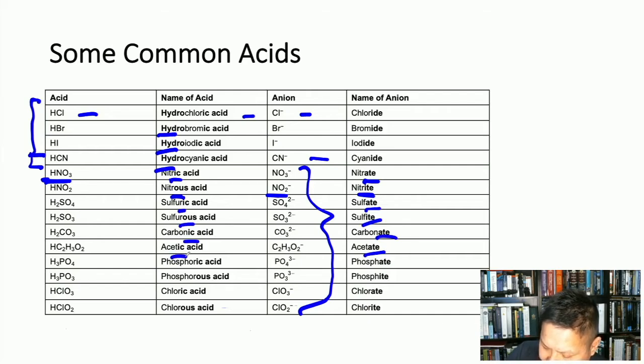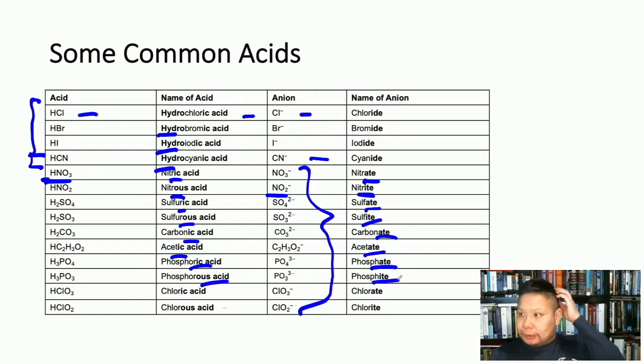Phosphoric acid comes from the phosphate, and phosphorous acid comes from the phosphite polyatomic ion, and so on. So it's important for you to not necessarily remember the names of every single acid, but to make sure you understand the naming convention, how we name things.